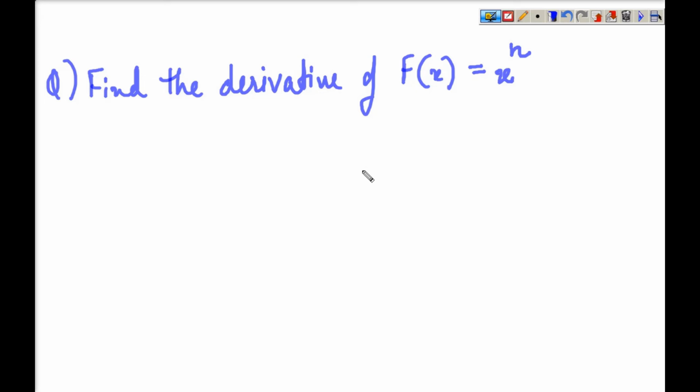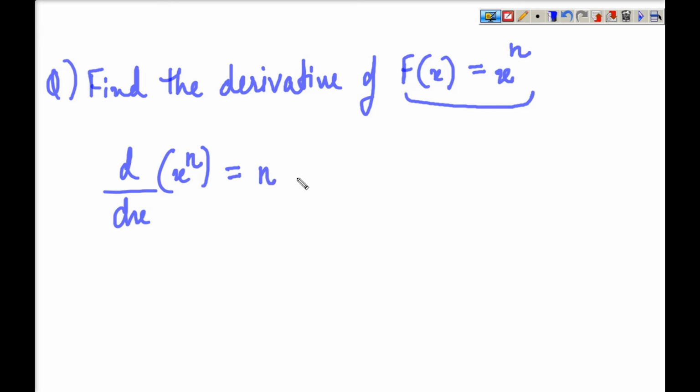When we have a function like this, there is a rule which says that the derivative of this type of function, d by dx of x raised to power n, will be equal to n times x raised to power n minus 1, and n can be any real number.